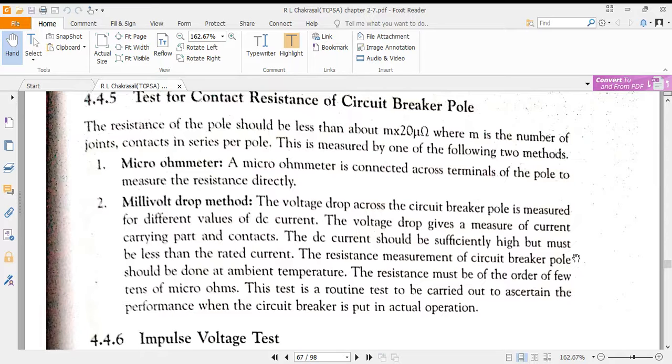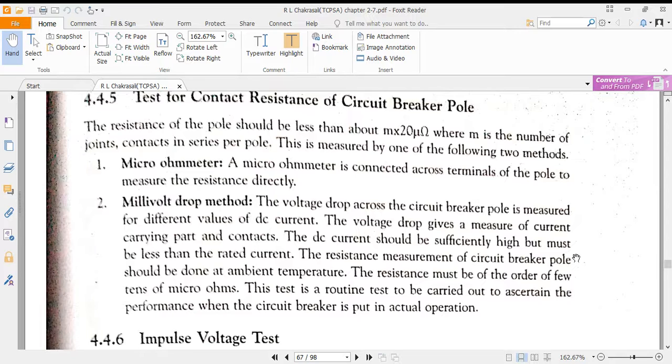Gautam, Bhavna: Sir, zero resistance will be there, sir. Zero resistance.